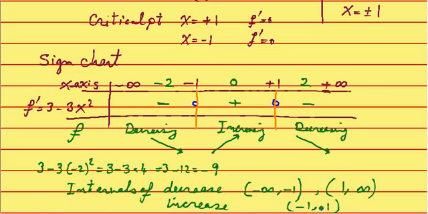We were asked to find relative maximum and minimum. The answer is rather obvious. If you are coming down and then you are going up, in between you are going to have what? Coming down and then going up. So this point is going to be designated, let me write it in a different color, as a relative minimum.